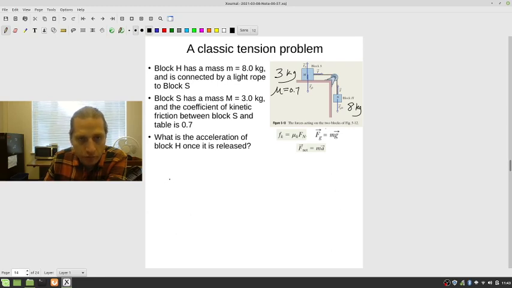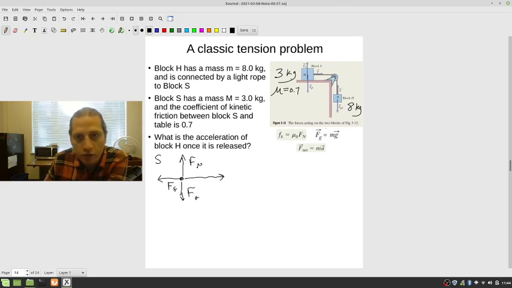So the forces that matter here, you've got a frictional force. Here's your block S. You've got a frictional force pointing backwards. You have a tension force pulling forwards. And then you have a normal force, and you have a gravitational force.